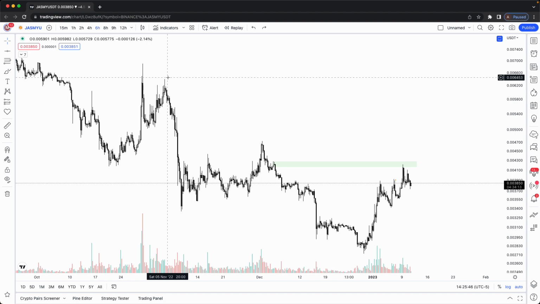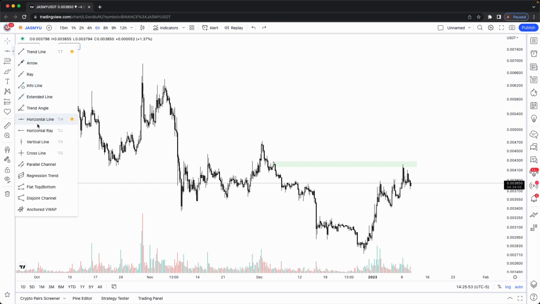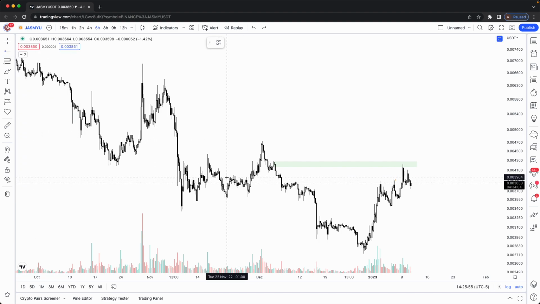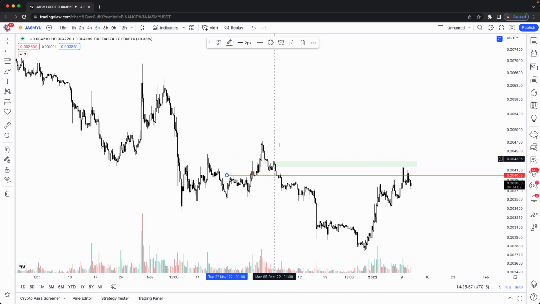Now, what we need to understand is that there is a possibility, like we said in the Jasmy pair, that over here the previous high was broken and the new high was formed. Now we can see that there was a downward movement in the market over here.